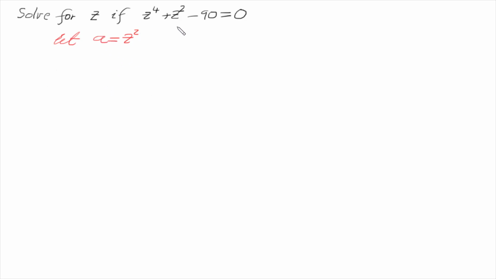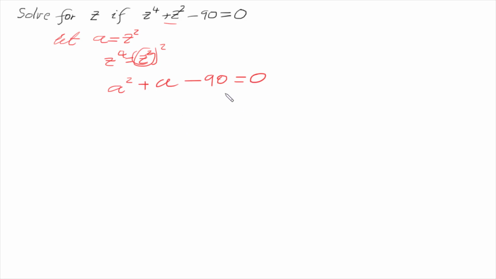So if I replace all the z squareds with a, z to the 4th is z squared squared, so my first term becomes a squared, plus my second term, z squared, is just a, and then I've got minus 90 equals 0. So now all I need to do is solve this quadratic here.